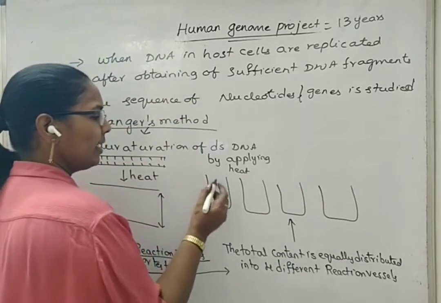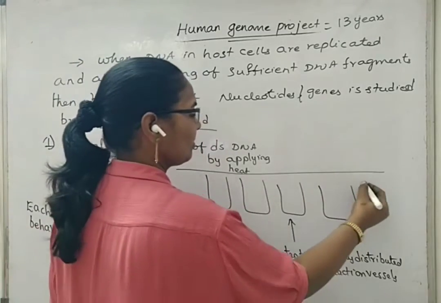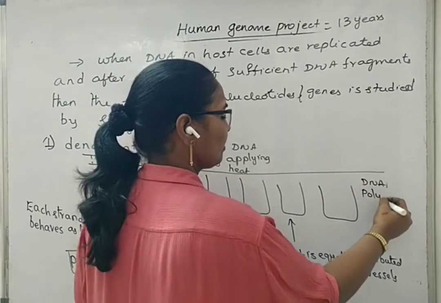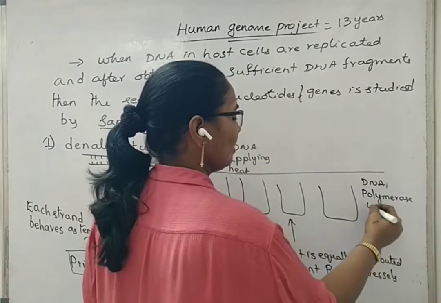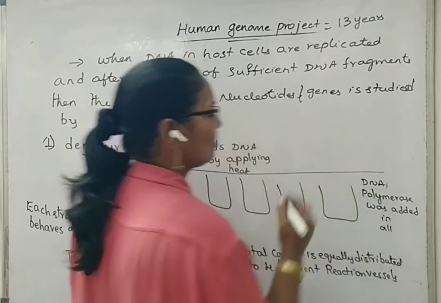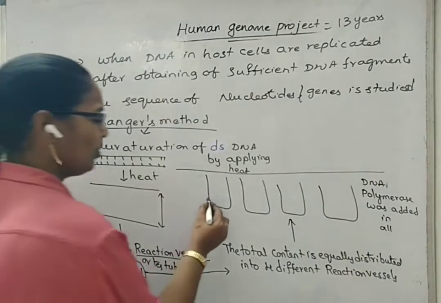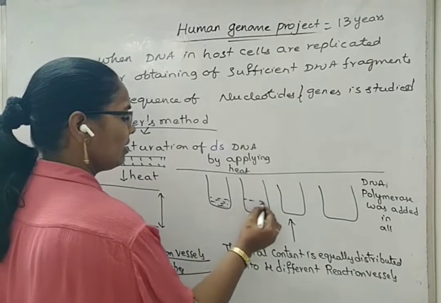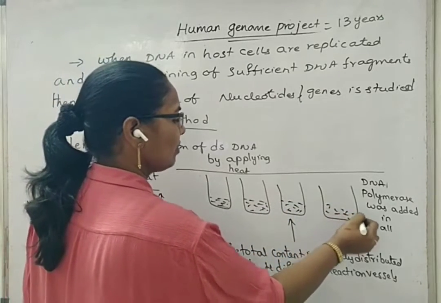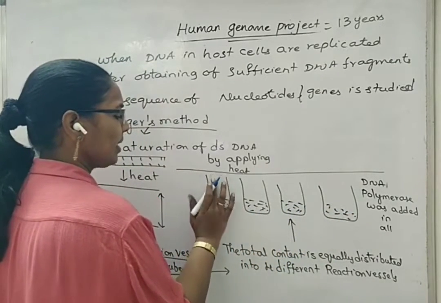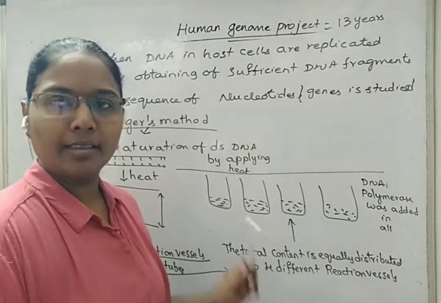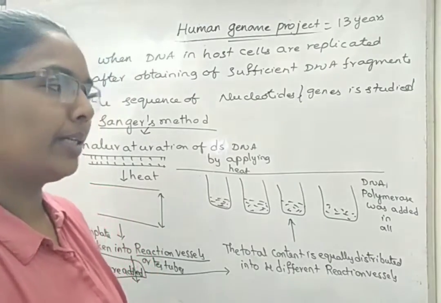After this, DNA polymerase is added in all. So here we have the DNA sample along with the primers. What is present here? DNA plus primer. To this DNA plus primer, we are now adding the third substance, DNA polymerase.